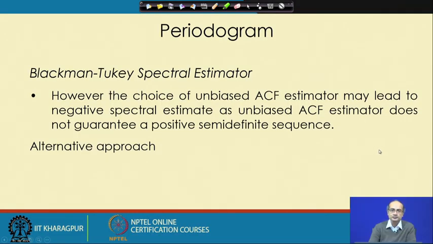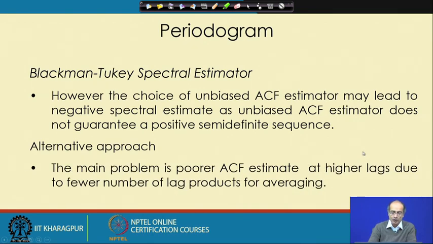So, let us look forward, let us see what alternatives can be made. In fact, Blackman-Tukey suggested these alternatives. So, we can take these as the new propositions of Blackman-Tukey. What they suggested is that the main problem is in the poor ACF estimate at high lags due to fewer number of lag products for averaging.